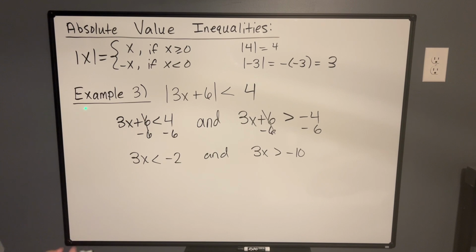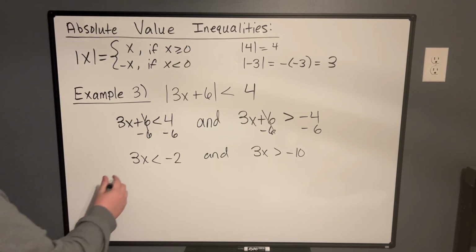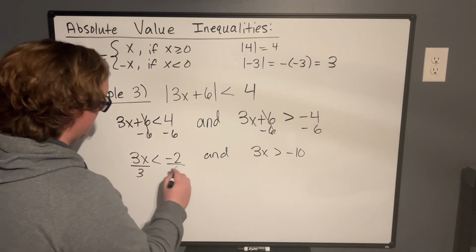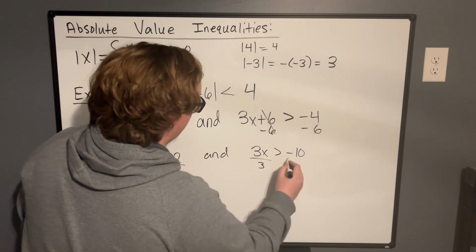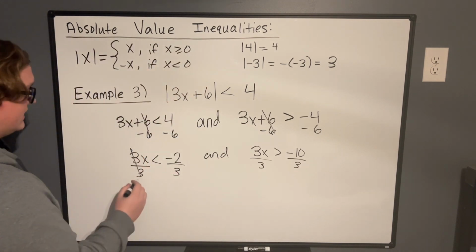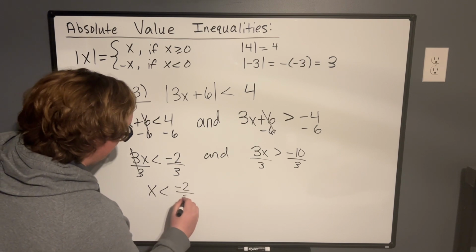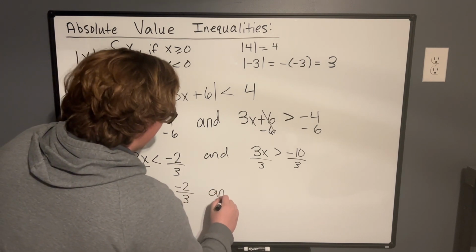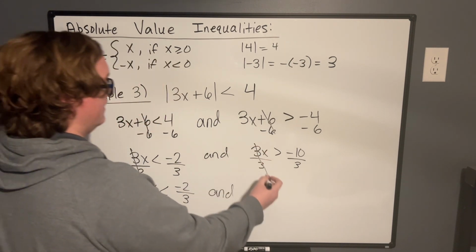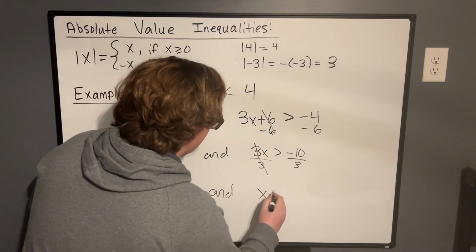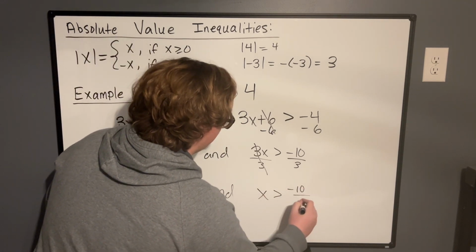And then now the last thing I need to get my solution for x is to divide all the sides by 3. So I do this here, I do it here. So these cancel. I get x is less than negative 2 over 3. And this side, these will cancel, and I get x is greater than negative 10 over 3.